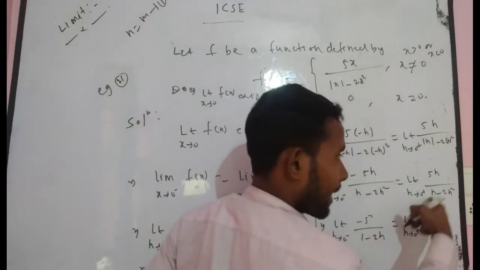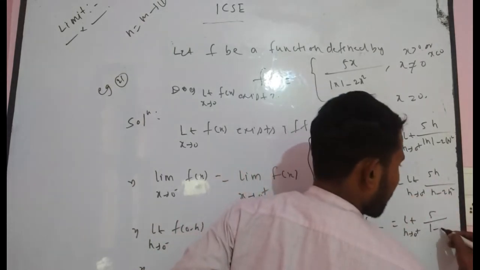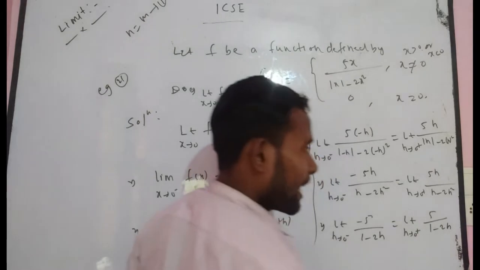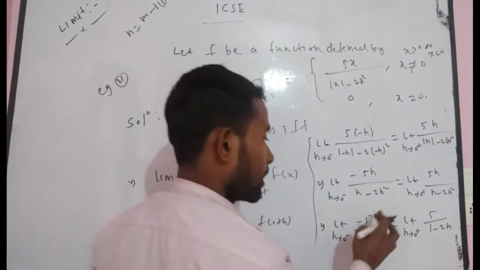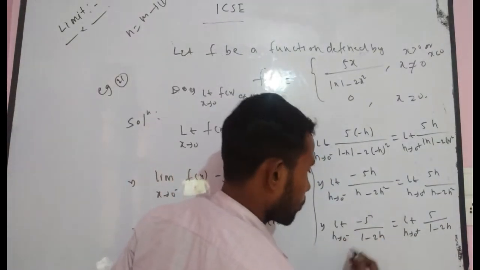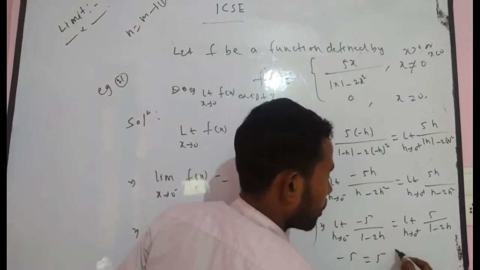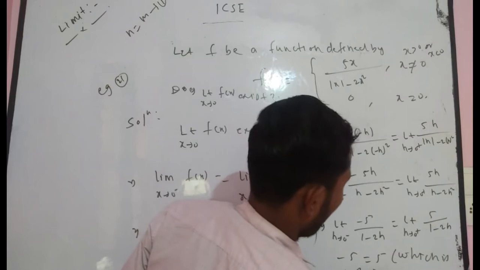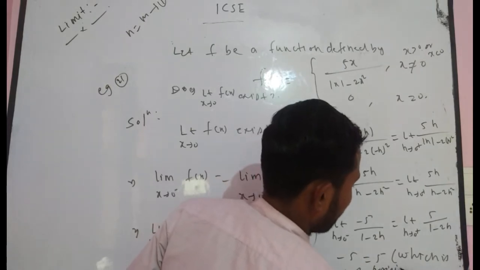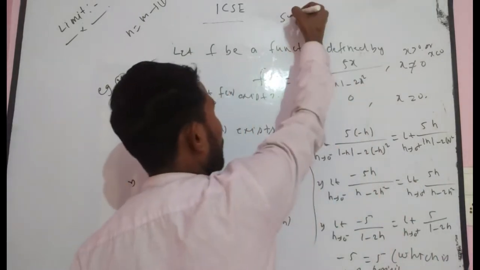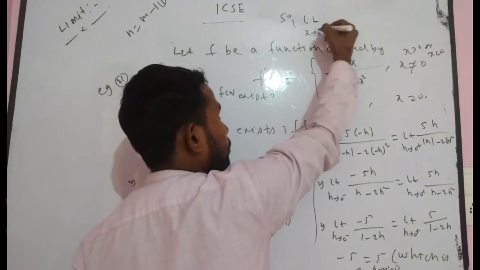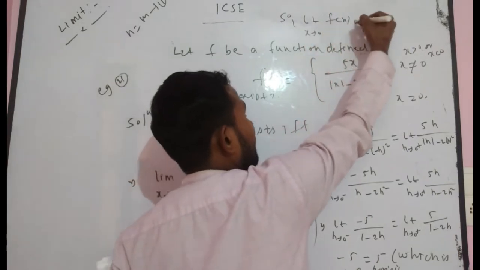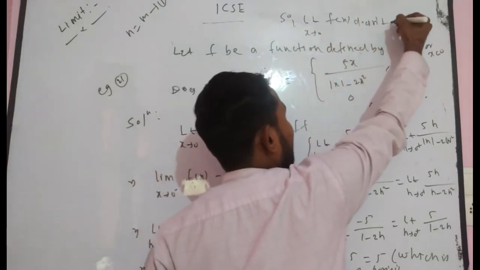If you take common h again, then you get 5 by 1 minus 2h. Now you have to put the value of h. If you put the value of h, you get minus 5 equal to 5, which is not possible. So limit x tends to 0 f(x) doesn't exist.